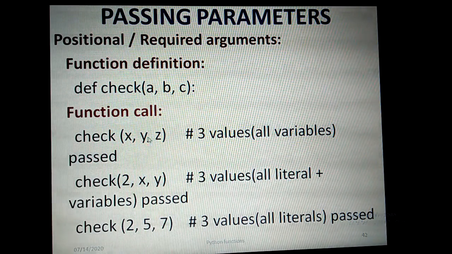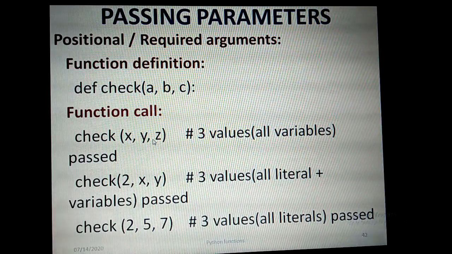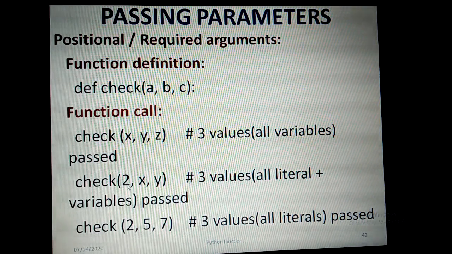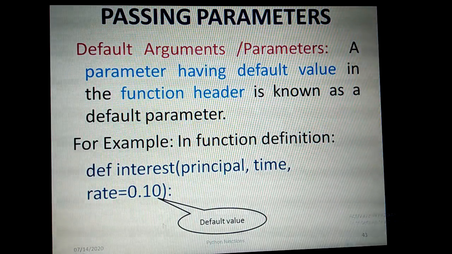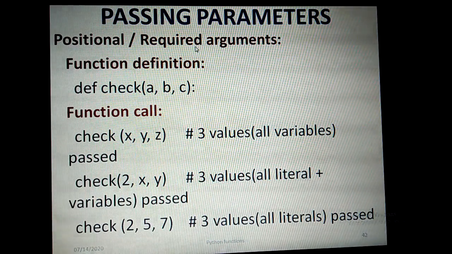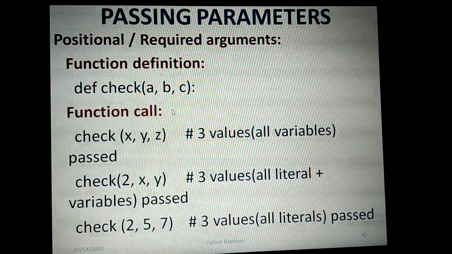So here x, y, z, all three are going to be passed as variables. Here one is passed as a literal and another two are passed as variables. Here all three are passed as literals. Okay, so this is known as positional or required arguments. That is, for all of a, b, c we need to pass values here in a proper way.